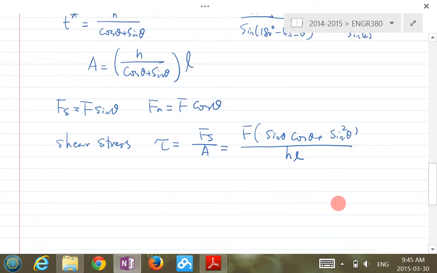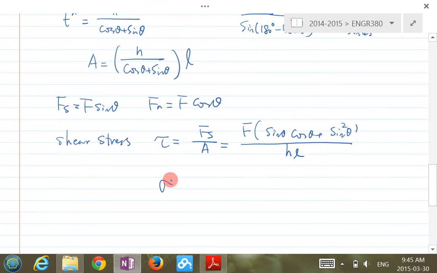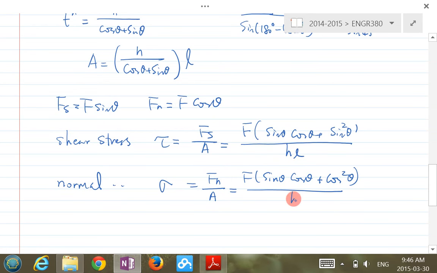And normal stress is Fn over A, which is F cosine theta times (sine theta plus cosine theta) squared, over HL. So that's the two stresses.